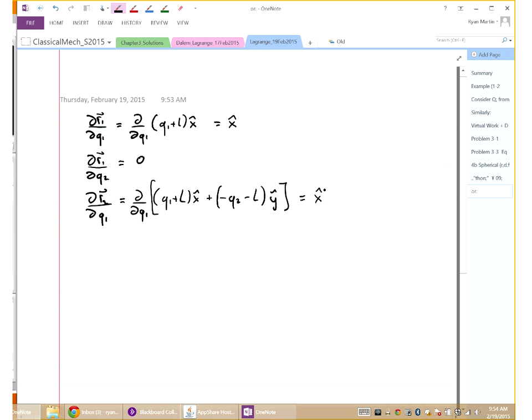And so ∂/∂Q1 of that is again simply just x hat. And then ∂R2/∂Q2 is ∂/∂Q2 of the same thing. And so that is going to give us just minus y hat. And of course, these are the same for the R3 vector, since R3 was equal to R2.